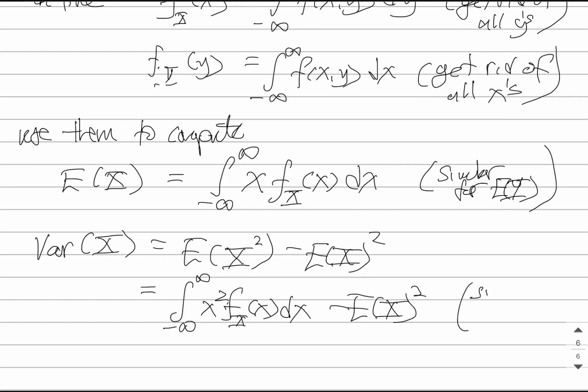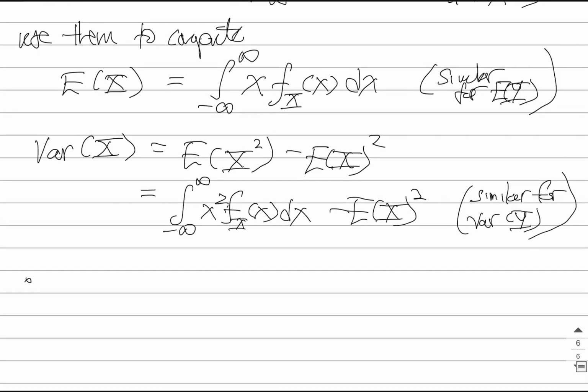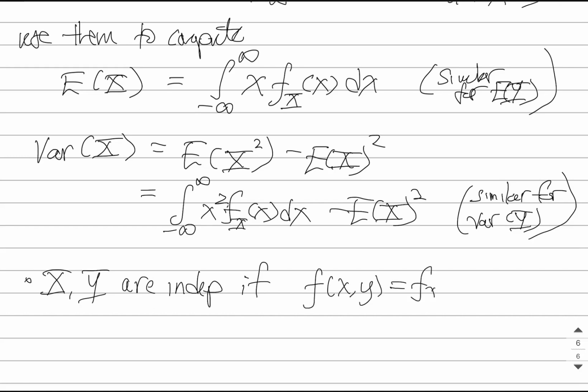And you would do a similar thing for the variance of y. And the real importance behind all of this is that x and y are going to be independent if the joint density is equal to the product of these marginal densities.